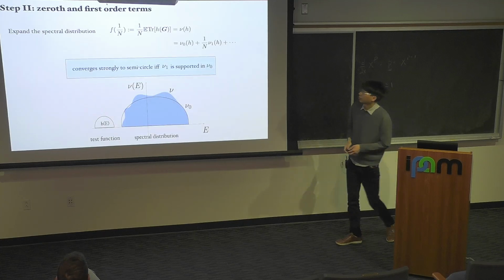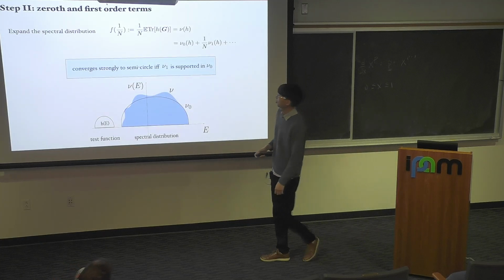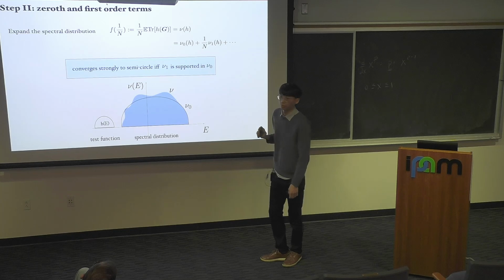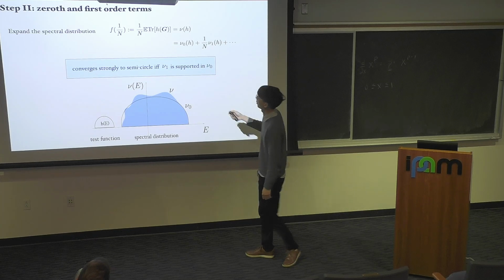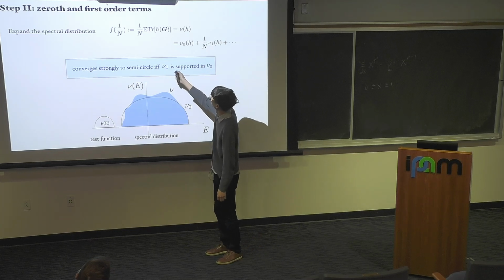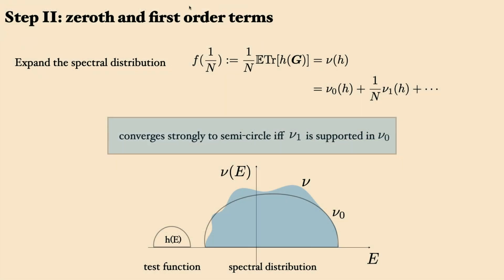Okay, so that's the first step, and the second step is to understand the first few terms. So in this explicit example of GUE, basically what you need to do is to understand this leading order expansion. The first term is actually quite nice. This is just the semicircle.